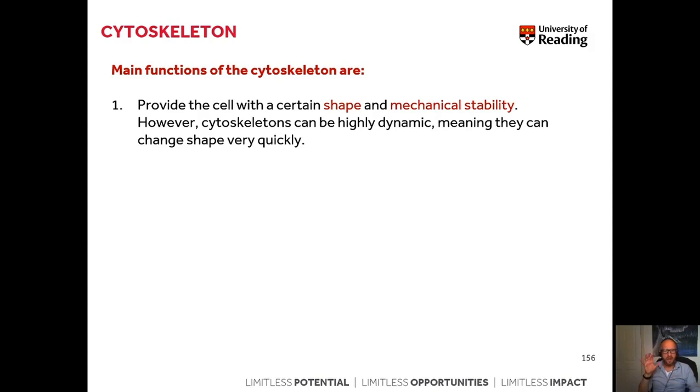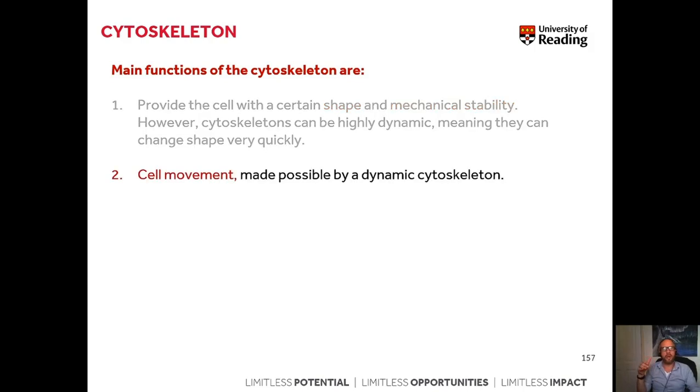However, the cytoskeleton is not a structure that is basically static. Cytoskeletons can be highly dynamic. This means that they can change shape very quickly, and this happens usually during processes like cell division, but also, say, migration.